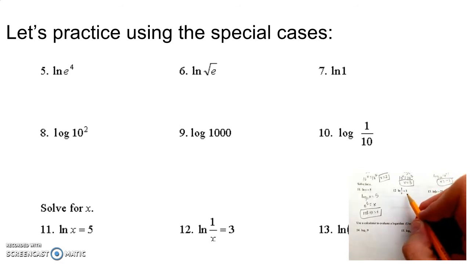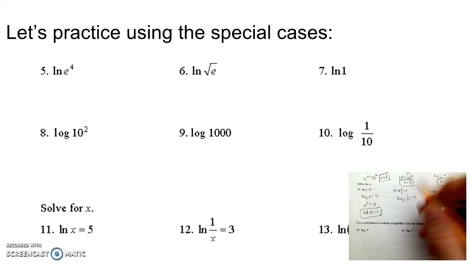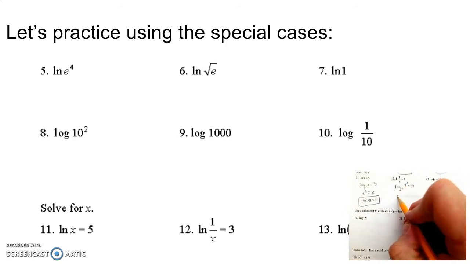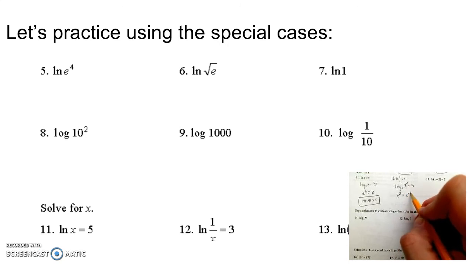Log of 1 over x equals 3. So now we have the log base e of x to the negative 1 equals 3. So e to the third power equals the inverse of x.